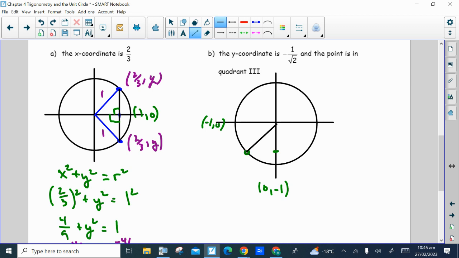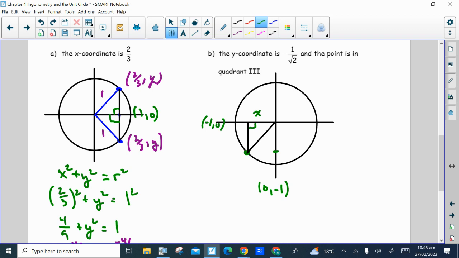So approximately there. What we did before is we drew a line straight to the x-axis. In this case, we've got to go up to get to the x-axis. And that's where we get our right triangle from. We don't know what our x value is. That's what we need to find.